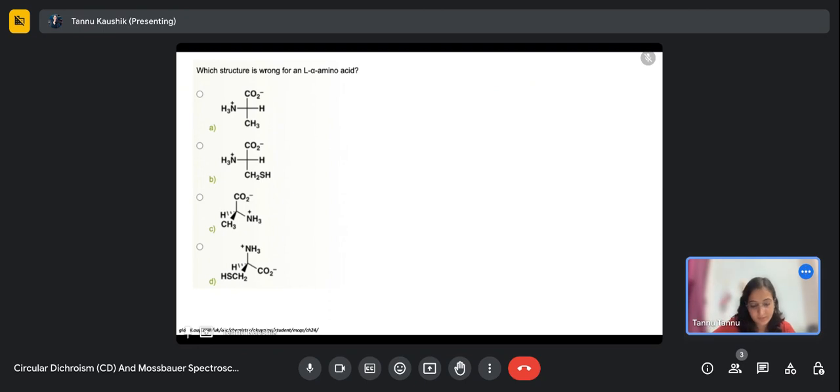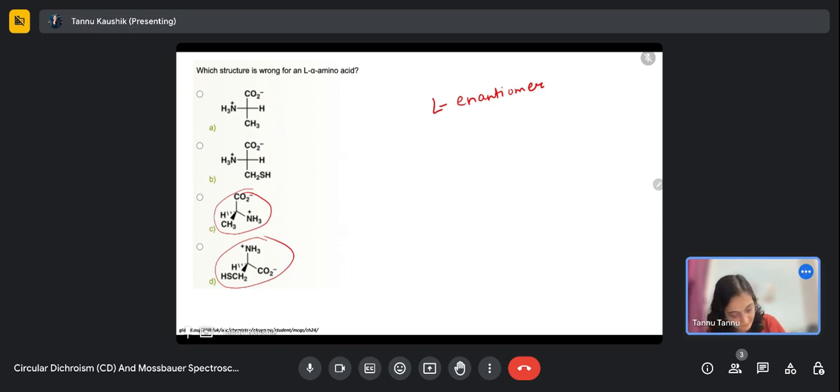Okay, so now tell me which structure is wrong for an L alpha amino acid. So here you have to find out the L enantiomer. So firstly, we will find it out for these two because they are already represented in the dash wedge form. So H is on the back.